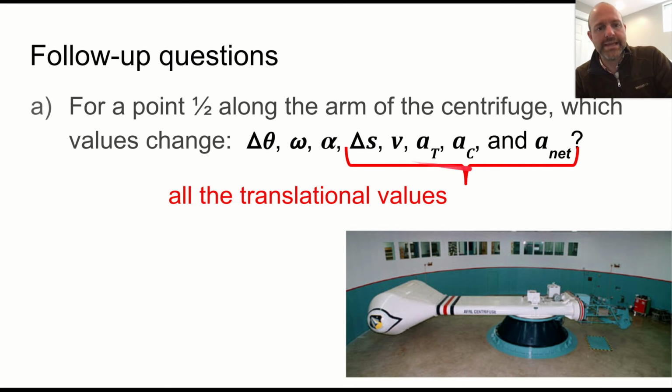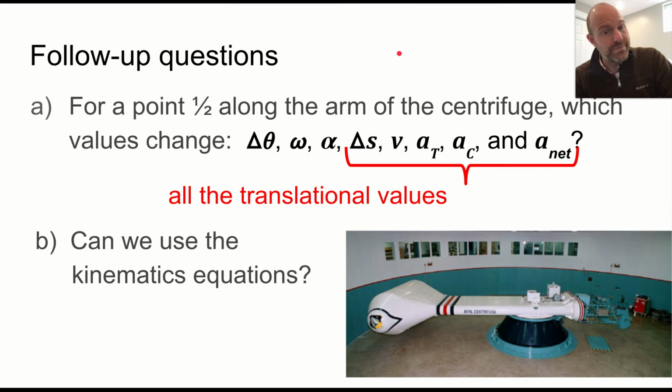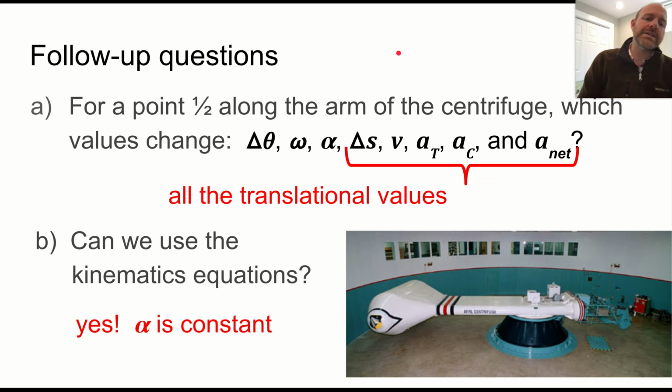So that's the key: the angular stuff is the same for everything, which is why it's an interesting set of variables to look at. And the translational variables, their values all change depending on where you are along the rotating object. So can we use kinematics equations? In this case, we could, because alpha was constant. I alluded to that earlier. But if it isn't, then you can't use those equations.